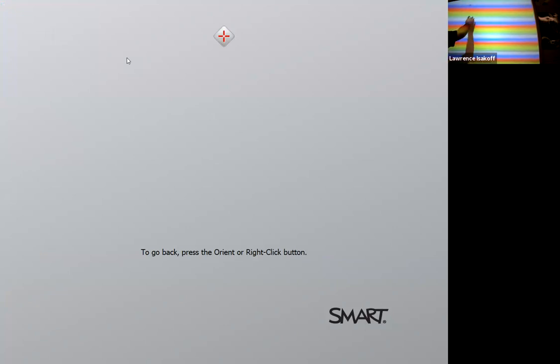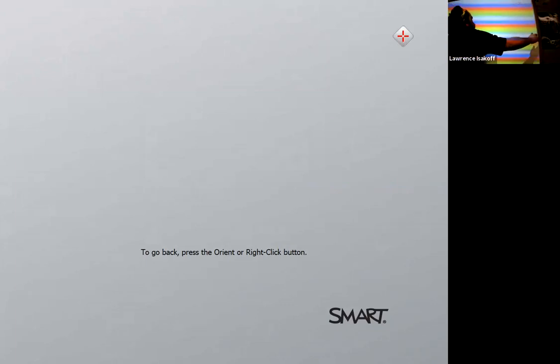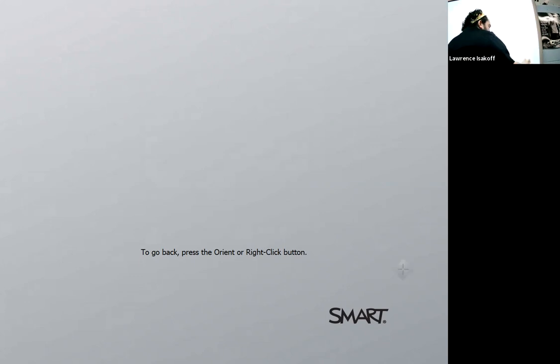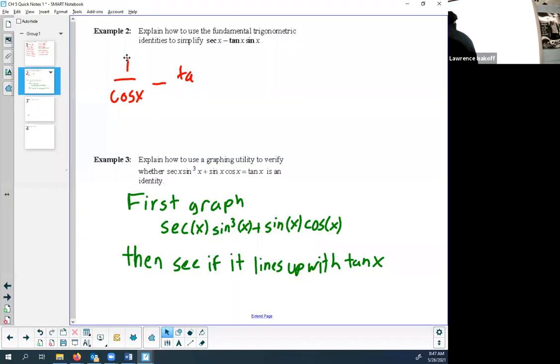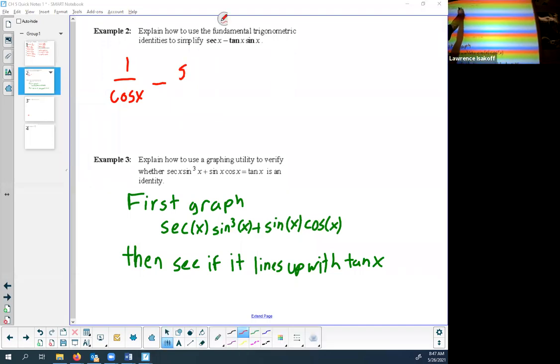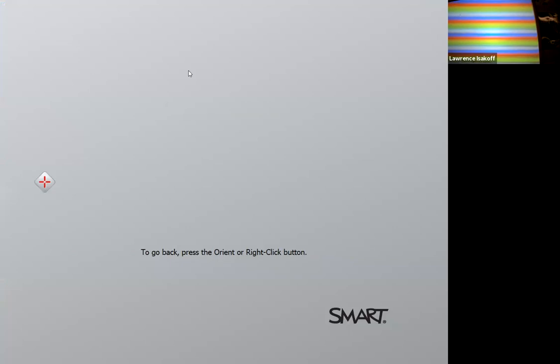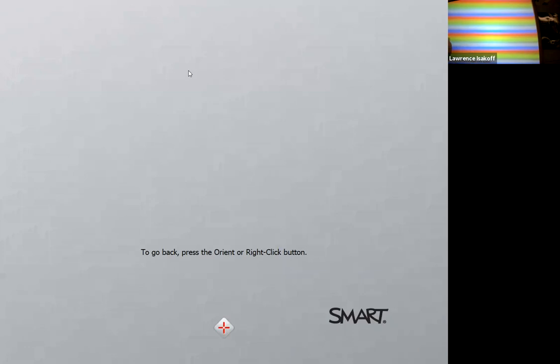I know tangent is sine over cosine, so I'm going to erase it and rewrite that as sine over cosine. So that's really sine. Oh, wow, that's still not writing well. Let's try that again. Sine over cosine times the sine of x.